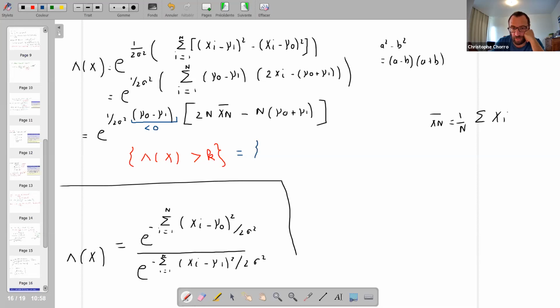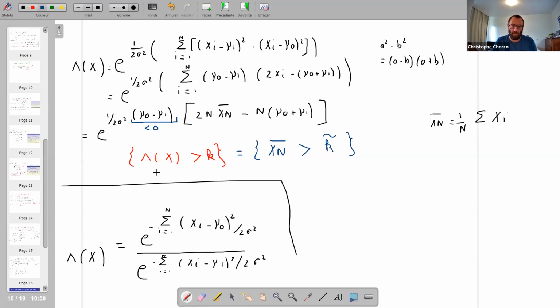So I can write it this way: x̄n greater than not k prime, but another constant that I can denote by k tilde.